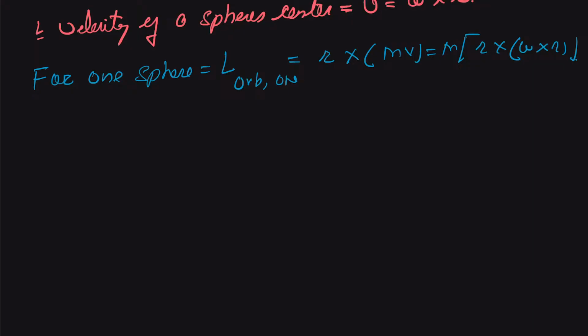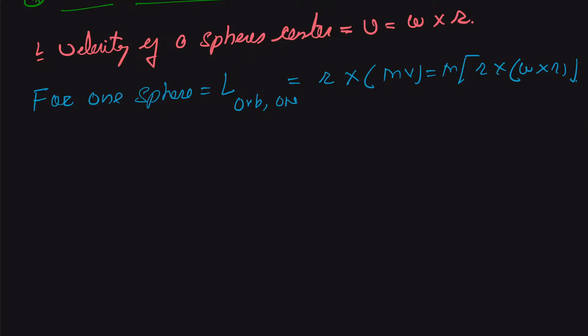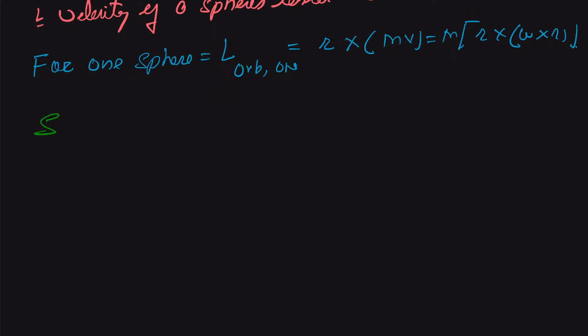Let us suppose one sphere, which we take at positive L. For the plus L sphere, we can say that for L orbital 1, in this triple product we have r equal to plus L k unit vector.